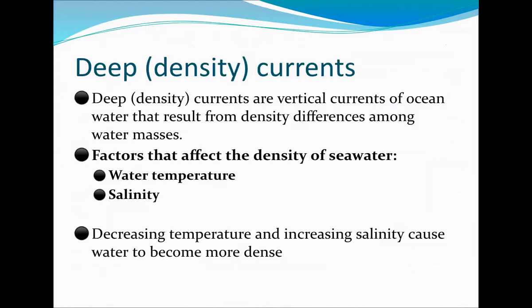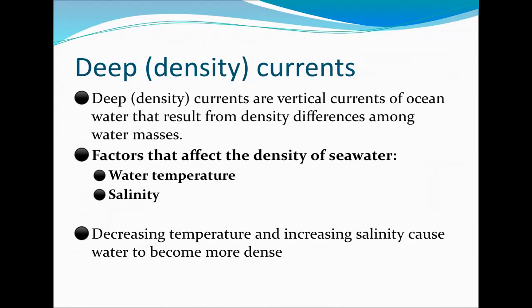All right, next are deep currents. These are opposite of the surface currents. Surface currents are horizontal, and deep currents are vertical. They result from density differences among the water masses. Factors that affect the density of seawater are the water temperature and the salinity, which deals with the salt content. Decreasing temperature and increasing salinity are what cause water to become more dense.